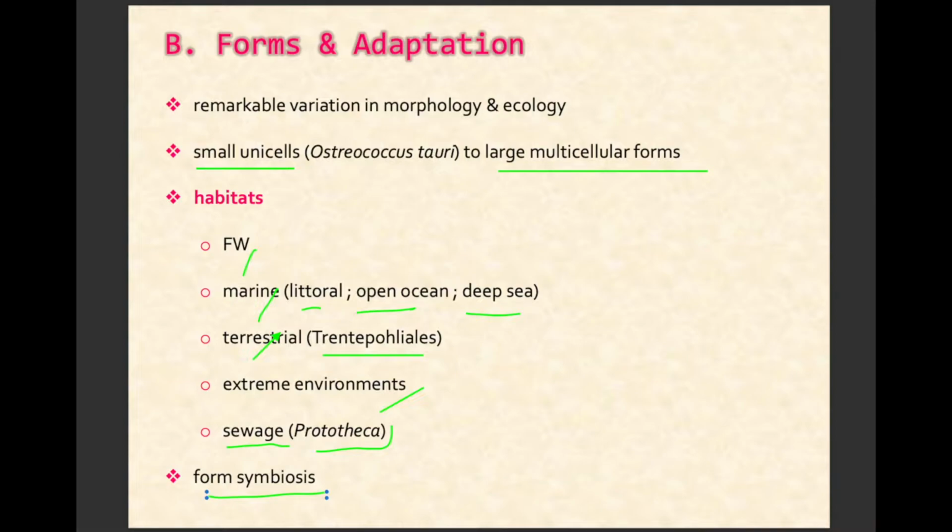And there are other forms of both intracellular and extracellular symbiosis, so they are quite remarkable in that sense. So, moving on with our lecture, let's go to the second portion.